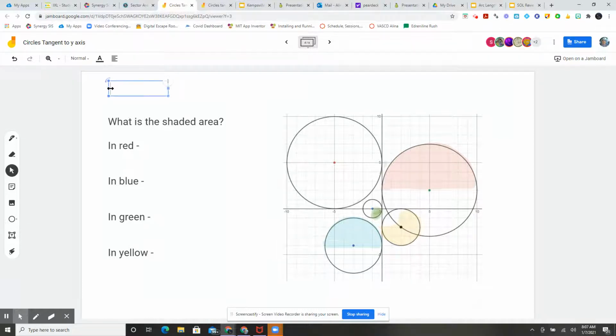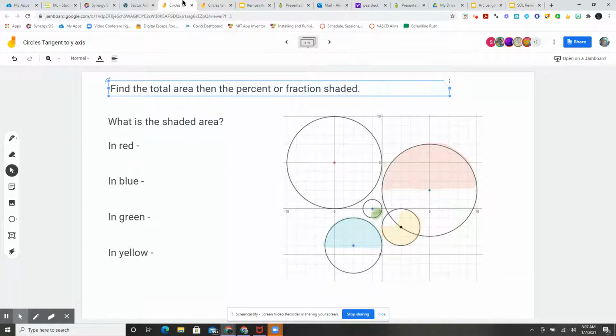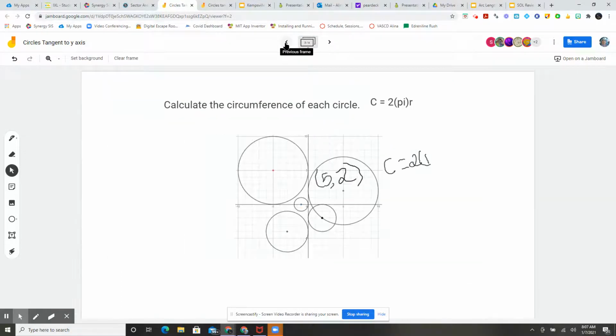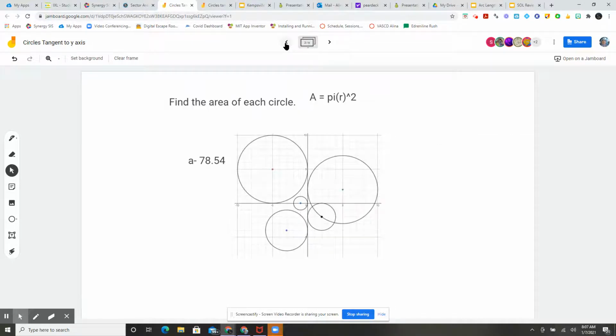Don't see much activity, guys. Nice. I see somebody finding the circumference.